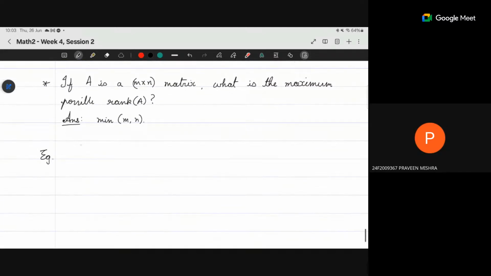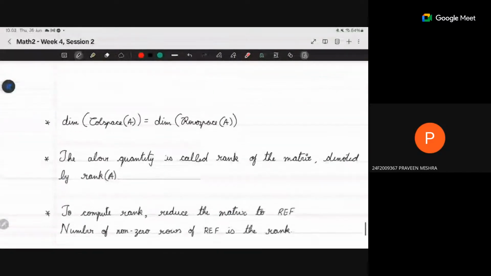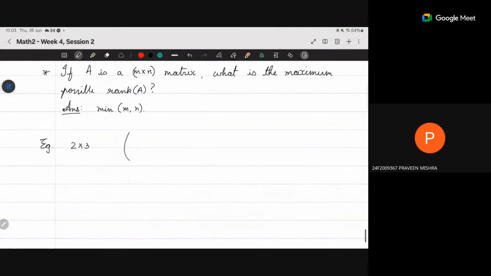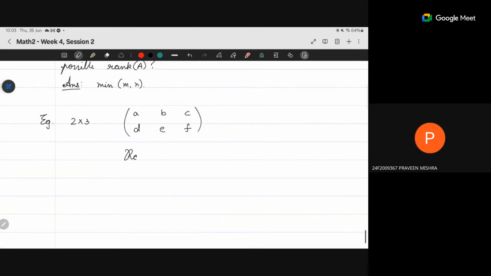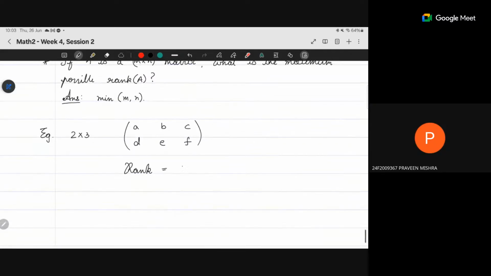So I'll just do a 2 cross 3 matrix, an arbitrary 2 cross 3 matrix. Let's just say it's A, B, C, D, E, F. Now, how can I compute rank? Is it equal to the number of non-zero rows? Yes, but not in the matrix, in its REF or RREF.